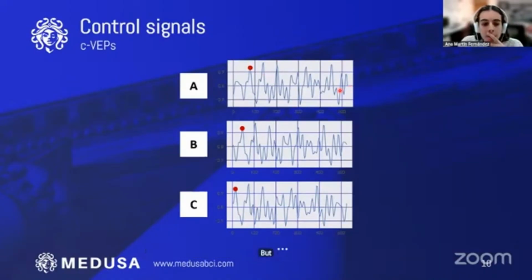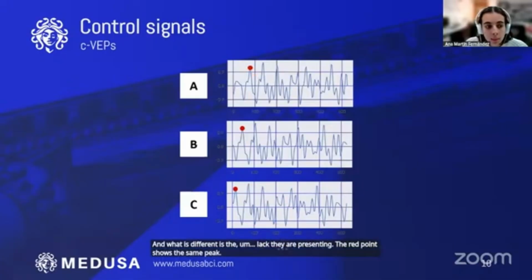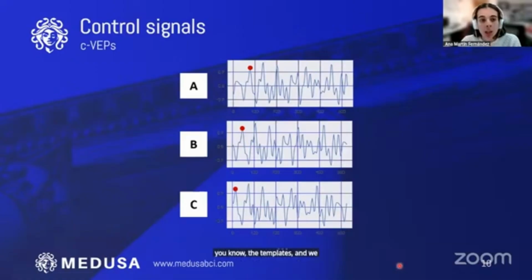But what we can do is temporally shift this same template as many bits as we need to obtain the templates for the other commands. If you look here at the red points, you can see that all these templates have the exact same shape, and what is different is the lag they present. The red point shows the same peak in all the templates, and we can see how it has been shifted from A to C.